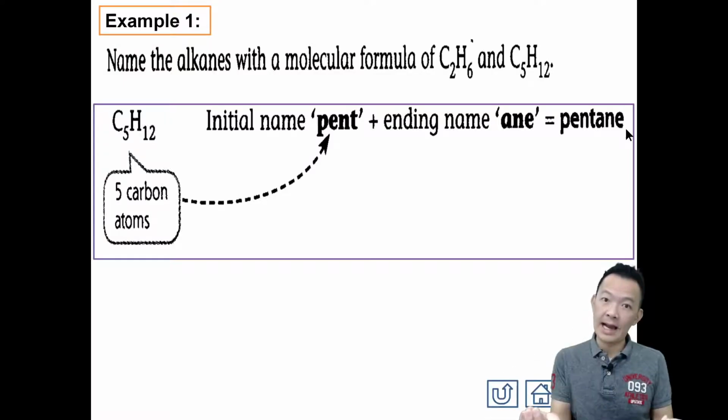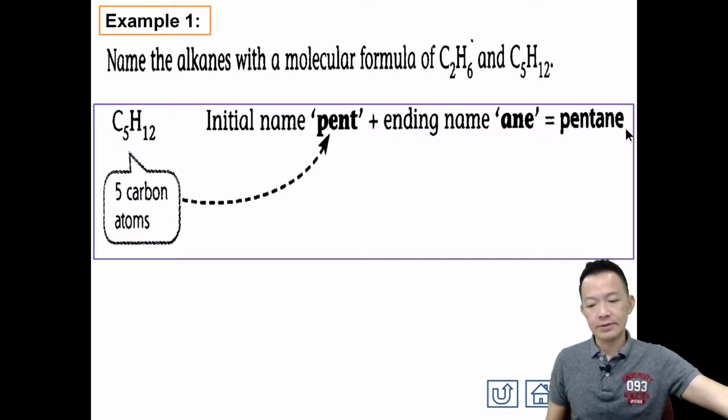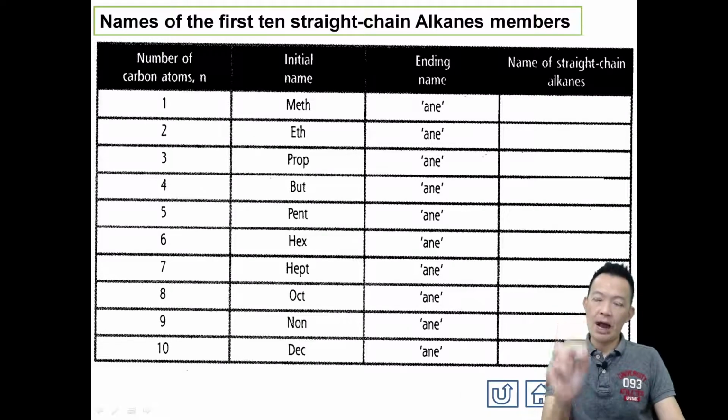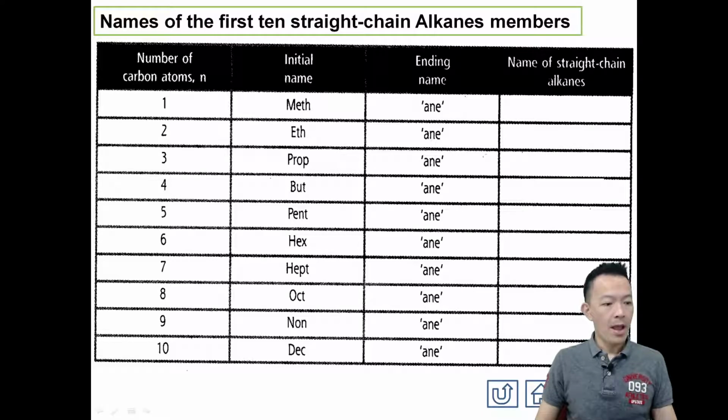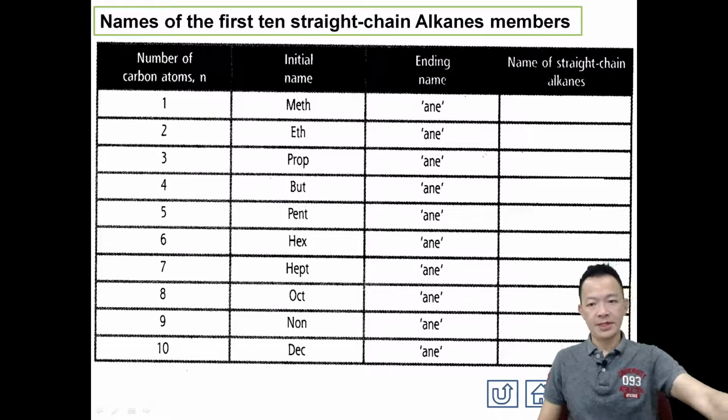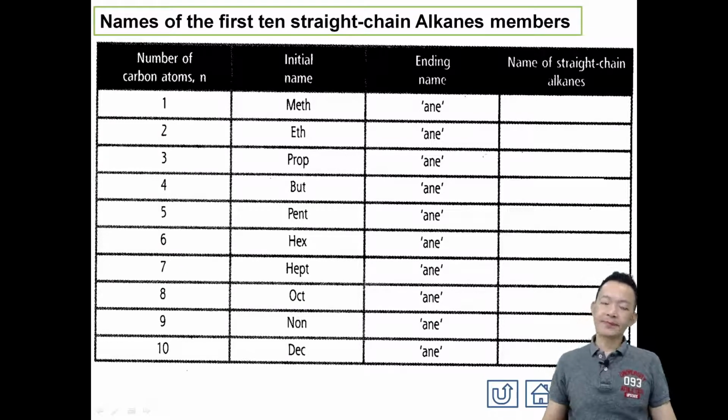So pentane, an alkane with 5 carbons. That's all. So turn back to your notes, page number 7. Now you can give all 10 members of the alkane homologous series their names. Write your own. Sorry, it's not page 7, it's page 8. So initial names are the prefix, these 10 numbers, plus the ending name, the family name.